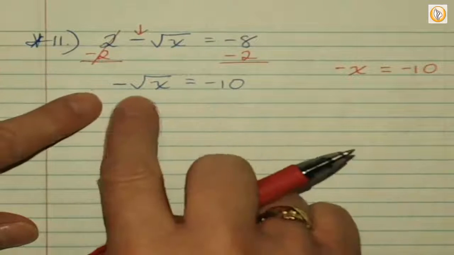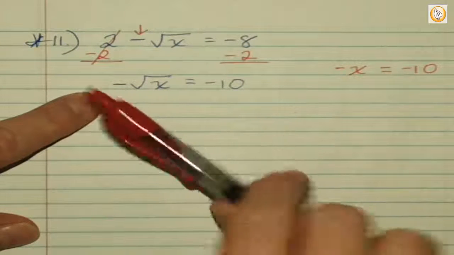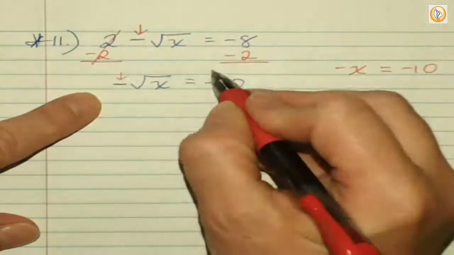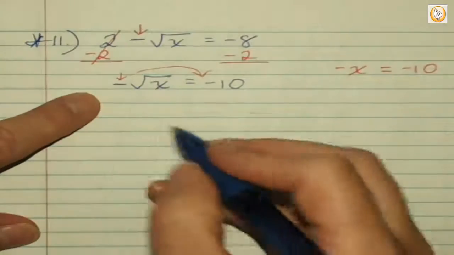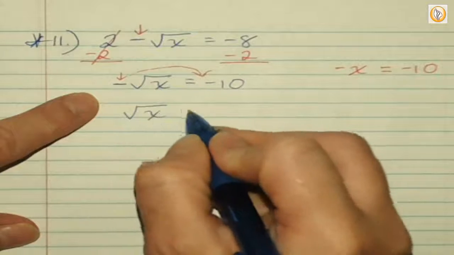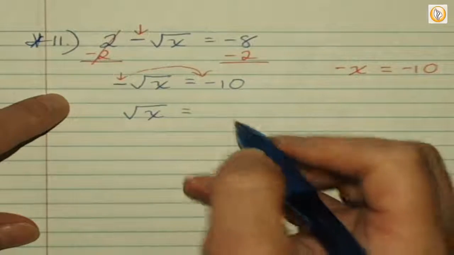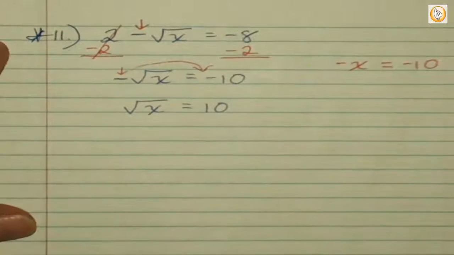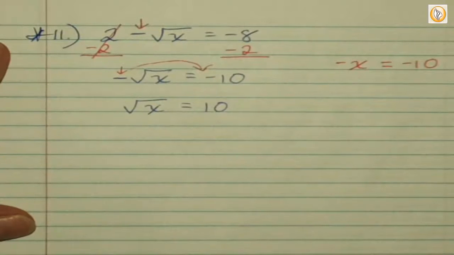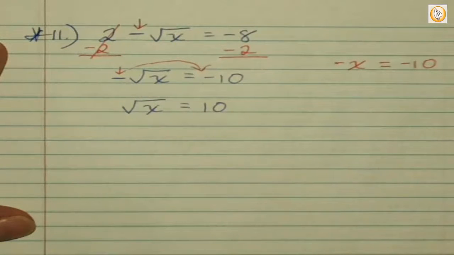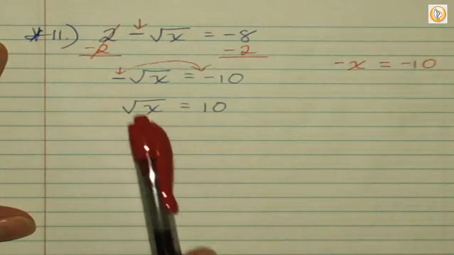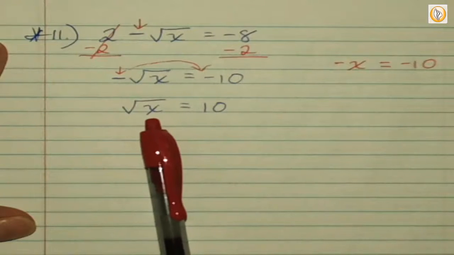So I'm left with the square root of x equals what? Positive 10. So it's just like we did in the past. Can't have that negative x. We can't have a negative radical like this either.